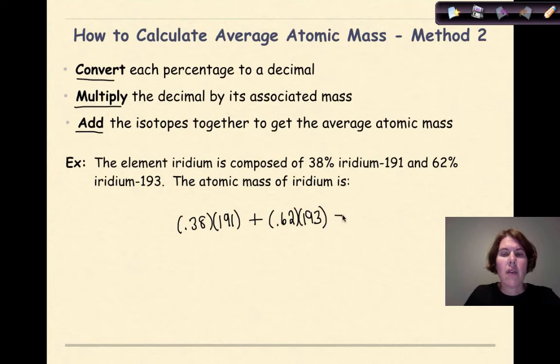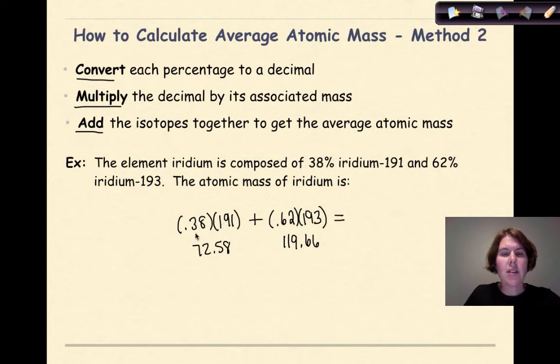193, and if I work that out, if I do the decimal times the mass for the first one, I should get 72.58. Then if I take the next one, 0.62, and multiply it by 193, I should get 119.66.